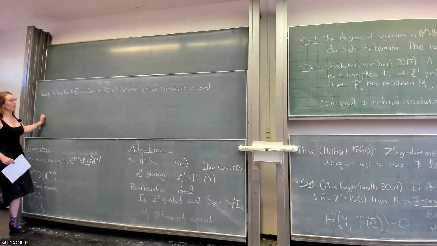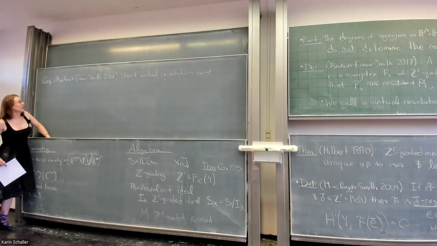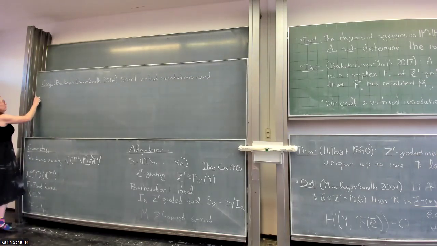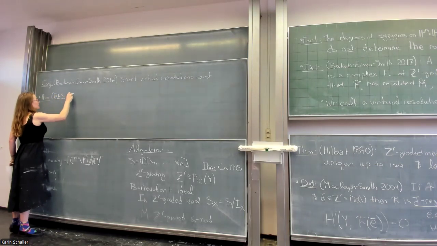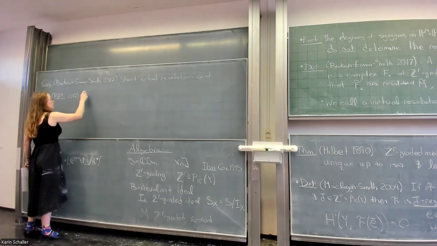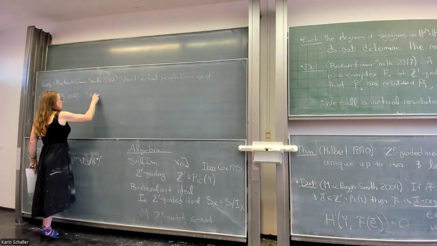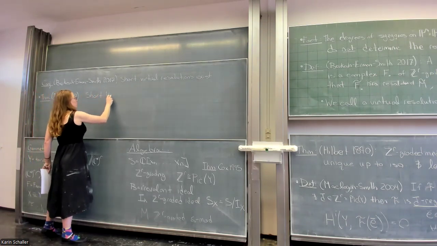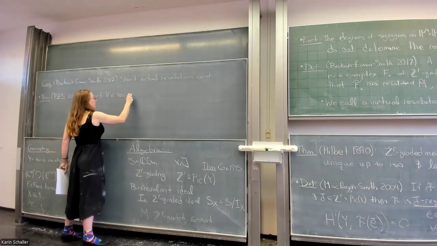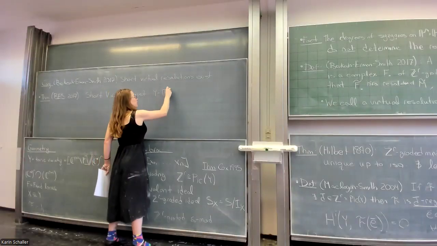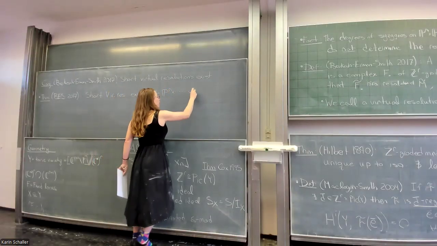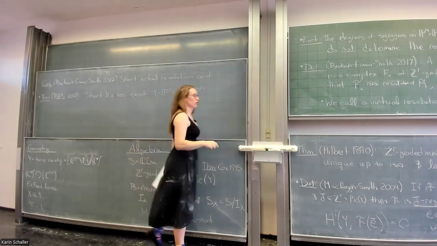You might hope that short resolutions, if they exist, are unique, and that's sadly not true, but we do have that at least they exist. The theorem, Hanes and Smith '17: short virtual resolutions exist, and Y is a product of r projective spaces.